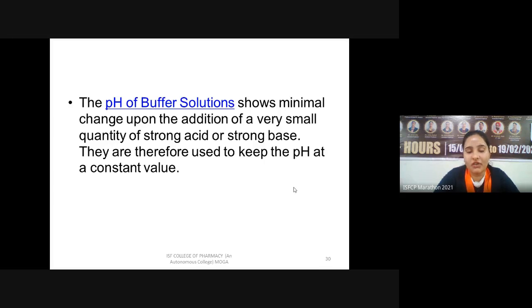So why is buffer solution added? Buffer solutions are added to those solutions whose pH we need to keep constant, because buffer solutions show very minimal change upon the addition of a small quantity of strong acid or base.